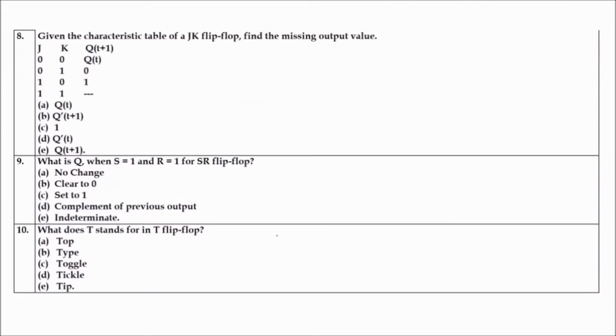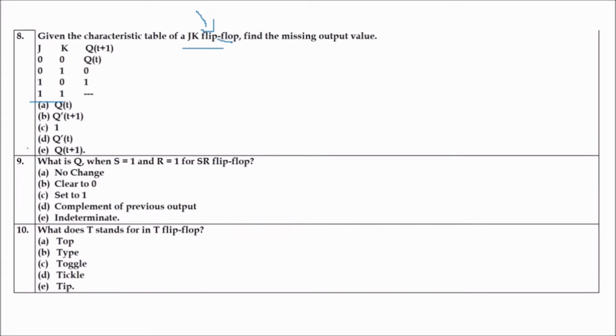Now the next question. Given the characteristics table of JK flip-flop, if you're not aware of JK flip-flop, you should really reconsider going and understanding JK flip-flop. Find the missing output value. The condition asked is 1, 1. What will be the next state?